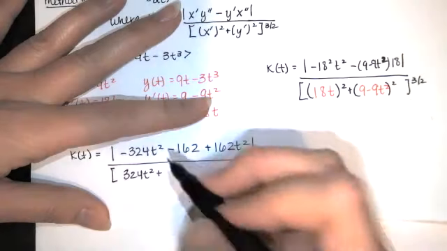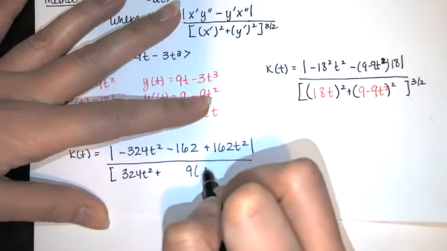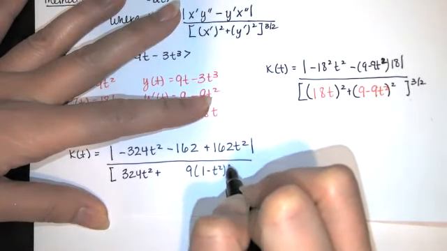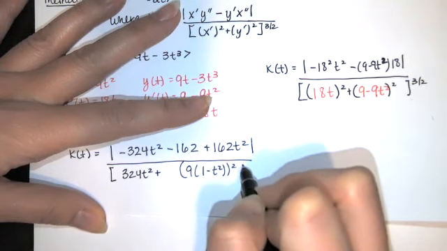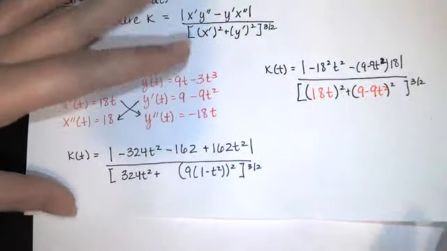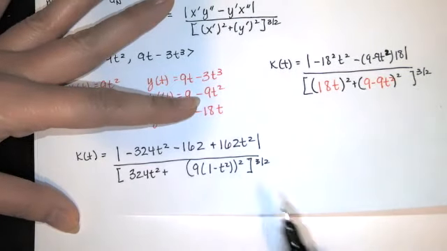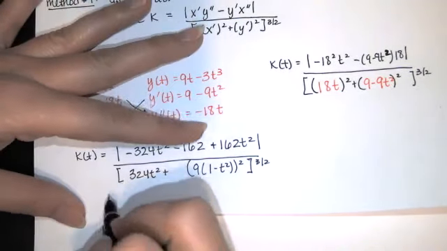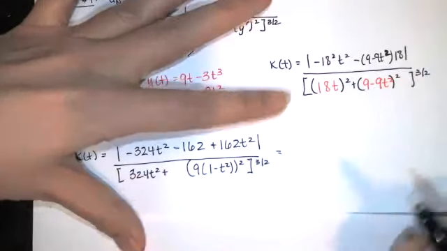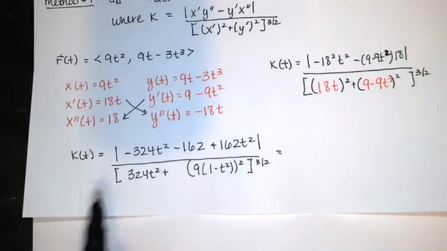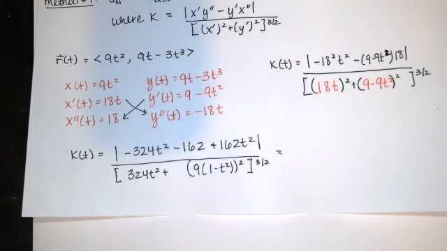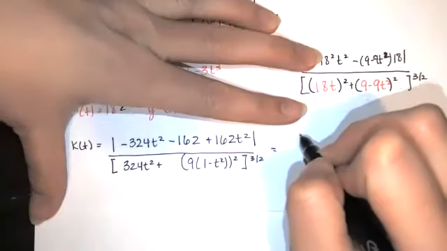I think I'll factor out that 9 before I square it. So I'll just write that this way. And so then I'm actually going to have a 9 squared here. And the negative 324 plus 162 is negative 162.